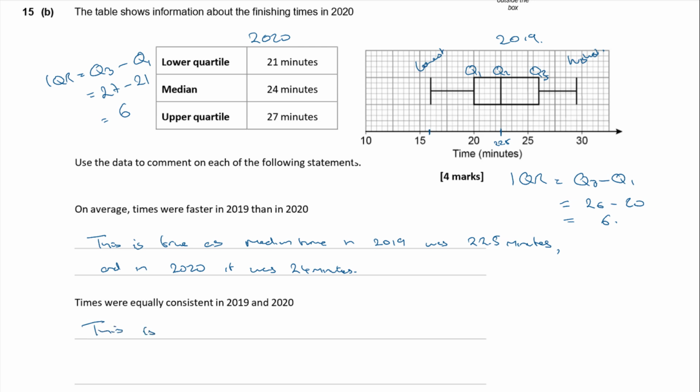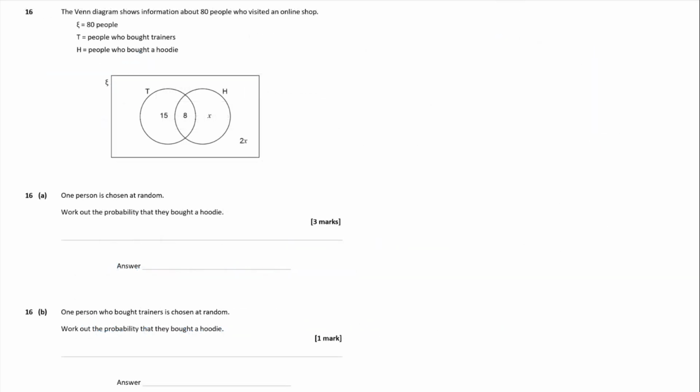This is also true as the interquartile range is equal to 6 in 2019, and interquartile range is equal to 6 in 2020.